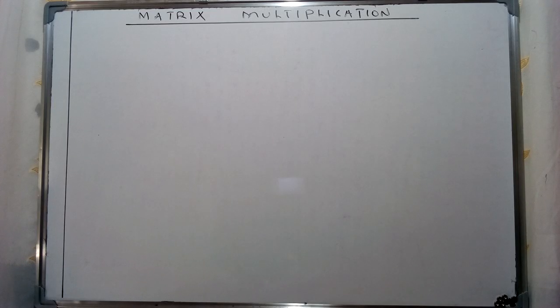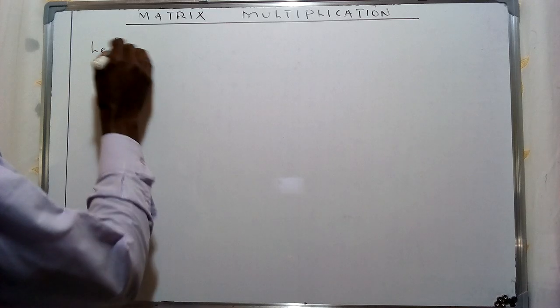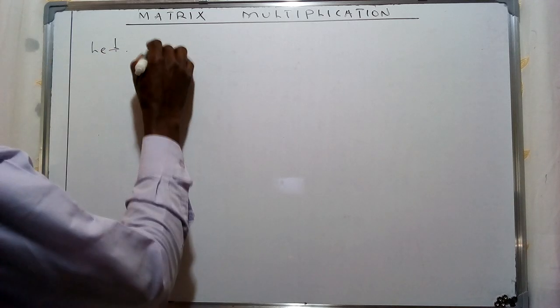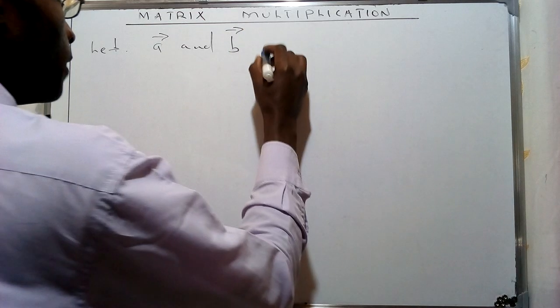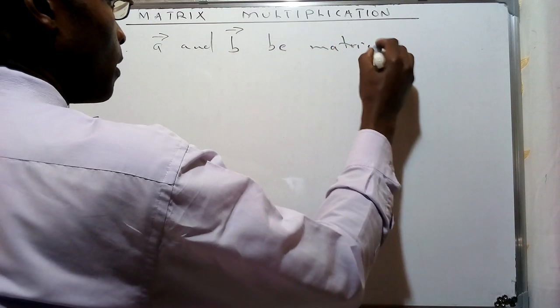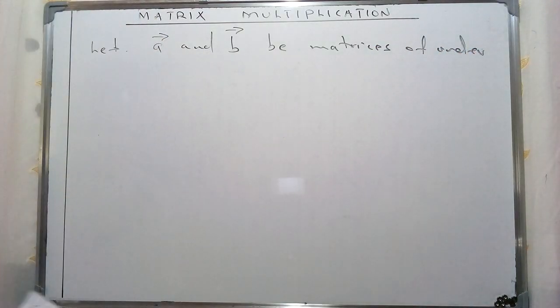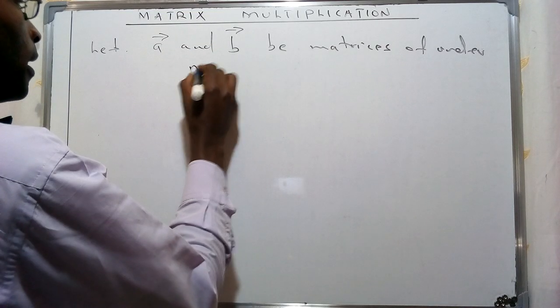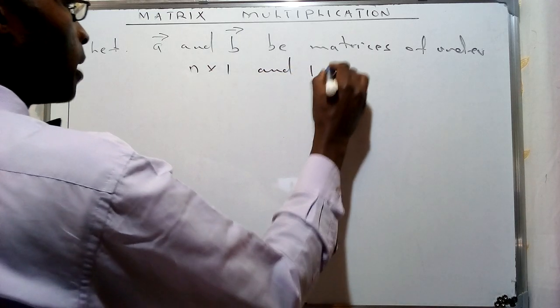of matrix multiplication. And I'm going to look at this by considering two specific matrices, which are going to be represented by A and B given as such. So let A and B be matrices of order n by 1 and 1 by n.